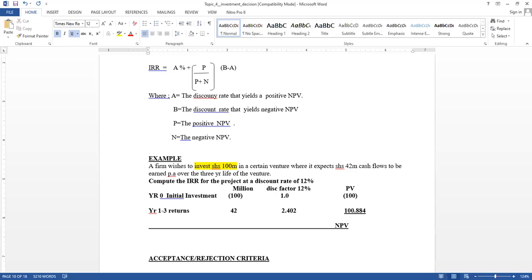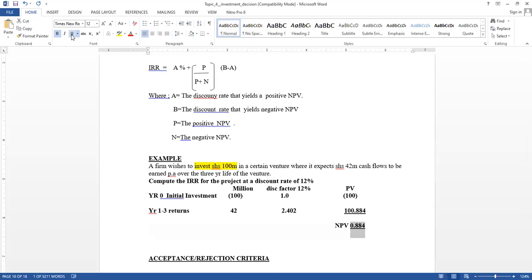I think our NPV will be 0.884. And when you look at this, is it positive? Yes, it is positive. Okay.